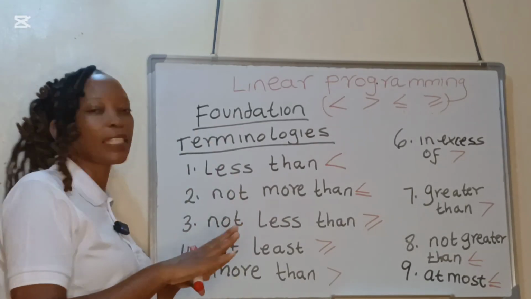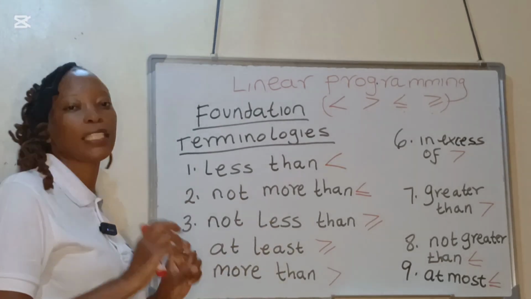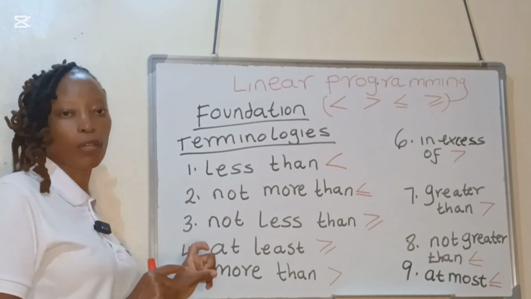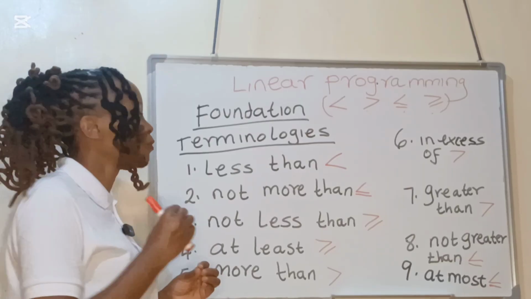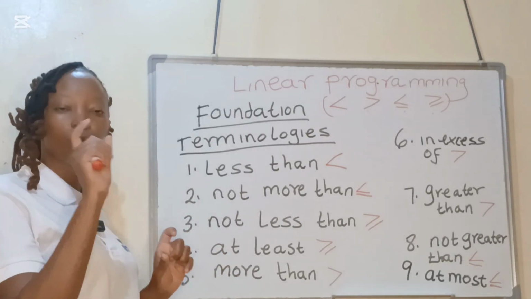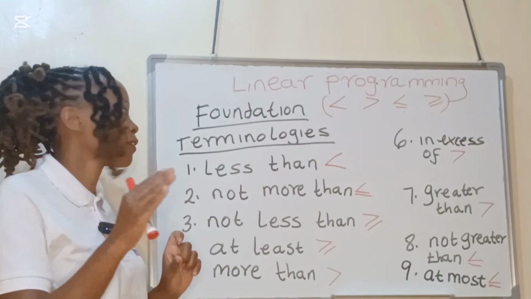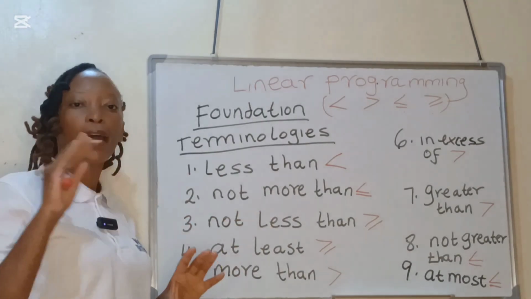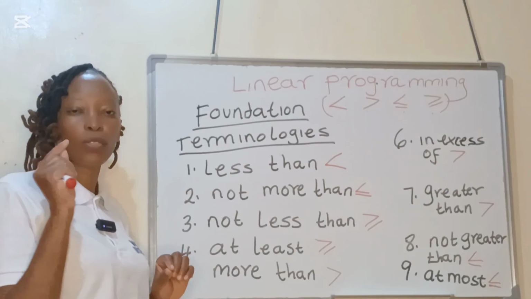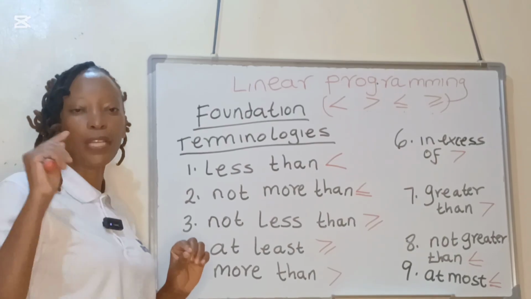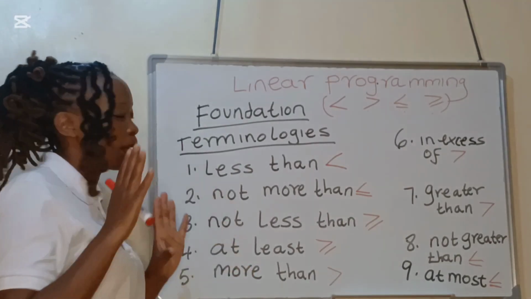No book has all of them written the way I have written them. I am using a simpler way to help you understand, so that you have a rough idea even before doing the questions. In the next lesson, we are going to form inequalities using these 9 terminologies.